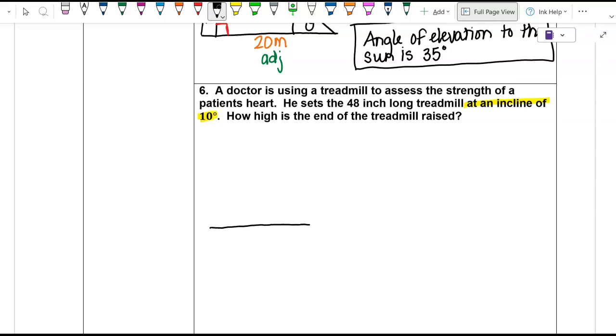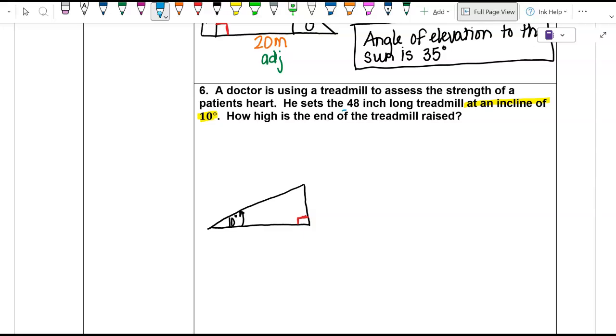start at the bottom. And again, do I have to draw a fancy diagram? No, I just need a right triangle. But this is where I have to be able to assess. Now they tell me that angle of elevation or that incline is 10 degrees. That means this angle down here is 10 degrees.